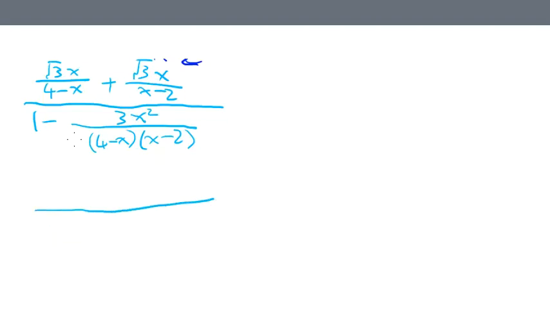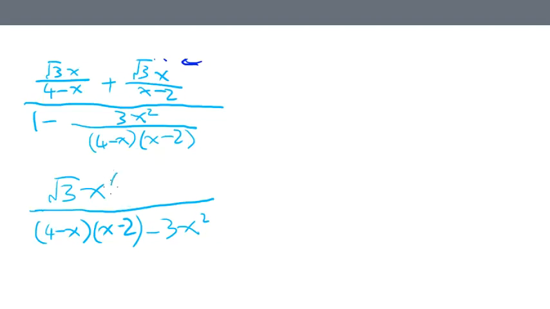We multiply both the numerator and the denominator by this thing. And so the numerator becomes, well, these two cancel out.